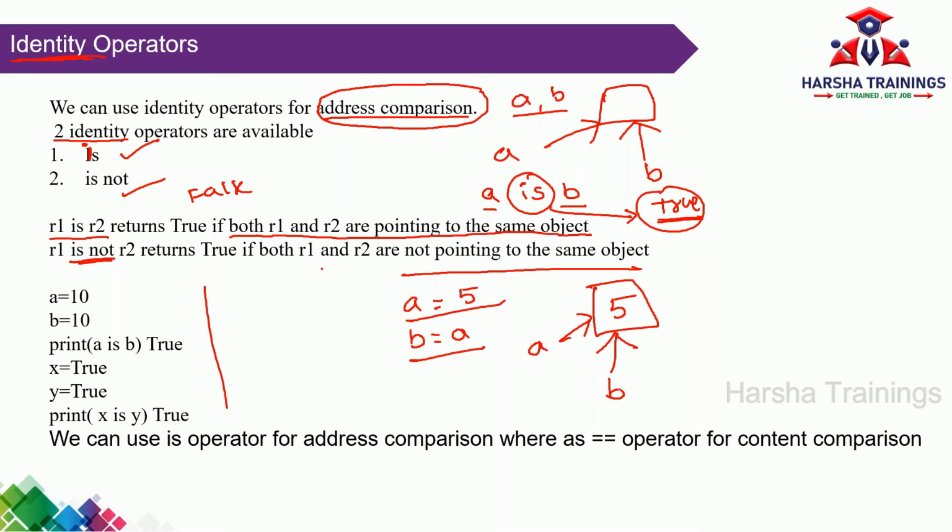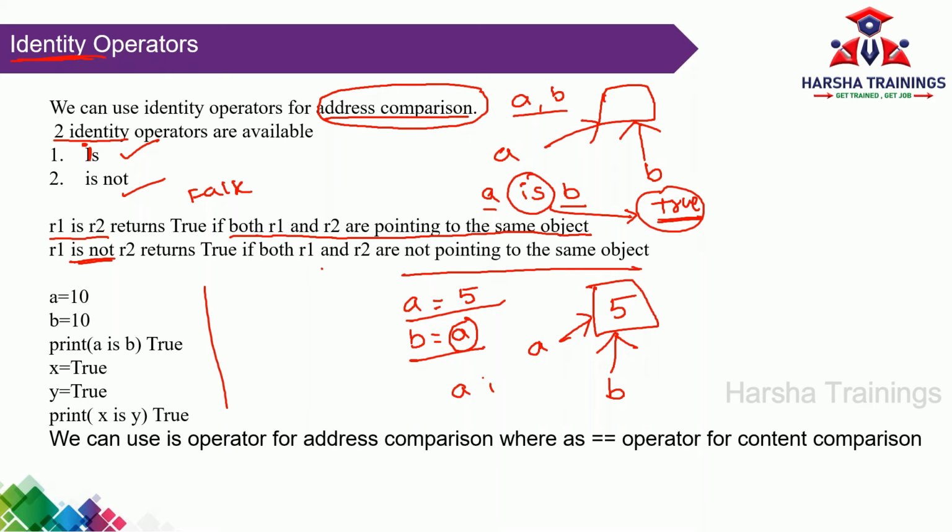Whatever value is present in A is assigned to B. For example, if you modify the value of A, it will update B also. Suppose in the future I modify the A value to 6, the B value is also updated. Why? We are assigning the reference of A to B.